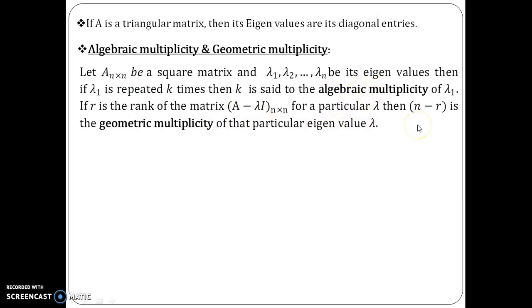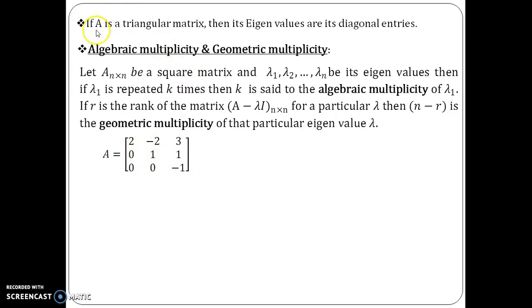So, let us take this example. We have to find algebraic multiplicity and geometric multiplicity for this matrix A, for which we will first need to find the eigenvalues. If you observe this matrix A, it is a triangular matrix, an upper triangular matrix, right?